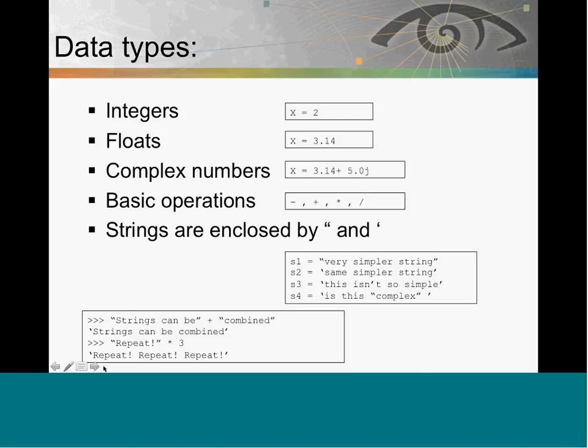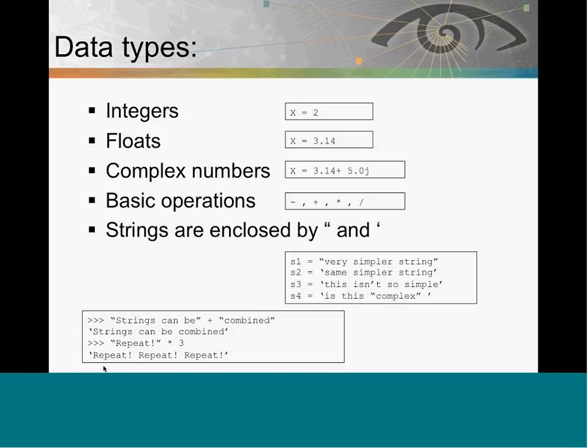So here is an example of the data types. Python has its own data types like integers, floats, and complex numbers, with basic arithmetic operations like summation, multiplication, division, and so on. And Python provides really good functionality for string operations.